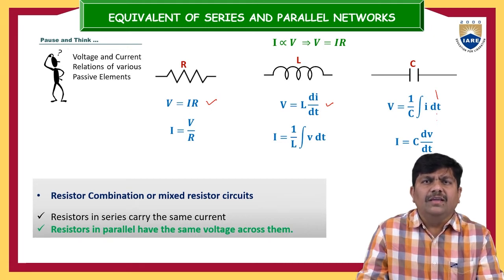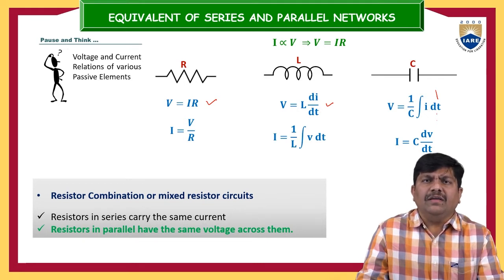That is why we make an attempt to reduce the complexity of electrical networks by identifying how many elements are connected in series, grouping them, and reducing all the series elements into a single passive element having the equivalent value.